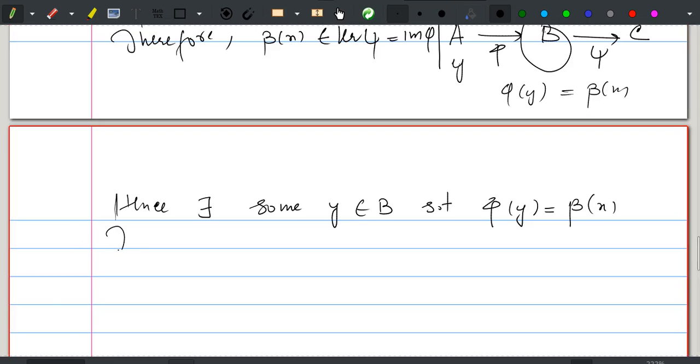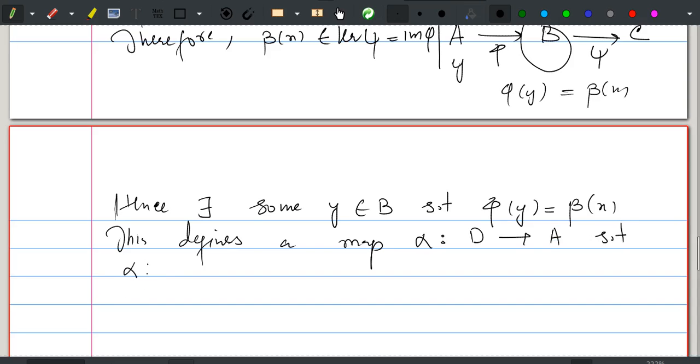So this defines a map, say alpha from D to A, such that alpha of x is this element y. Now we have to exhibit this alpha. We have to cook up such alpha.